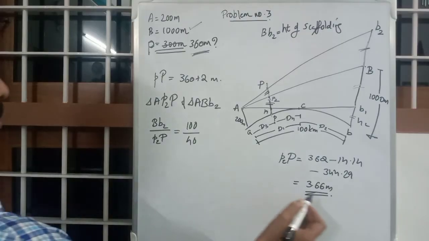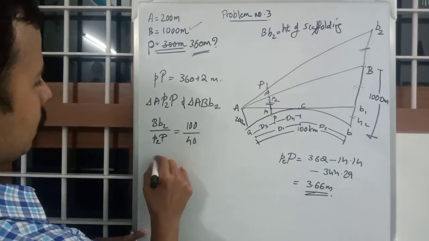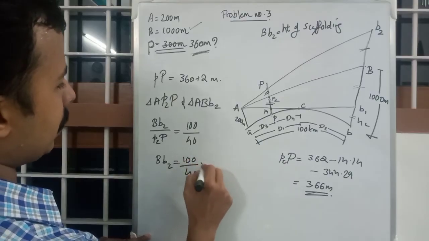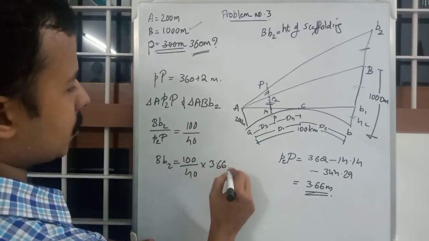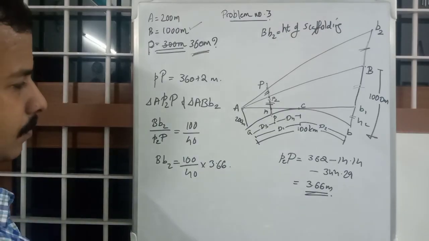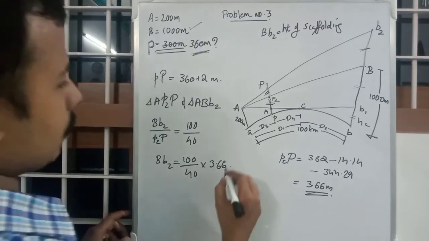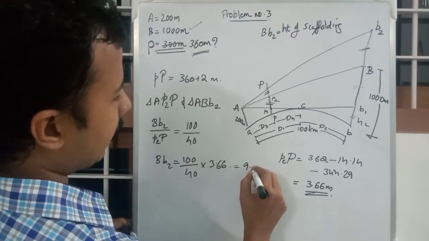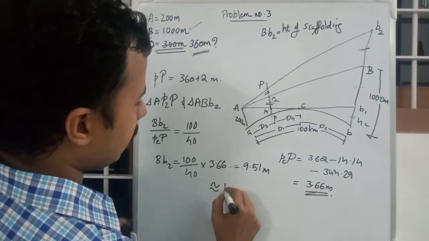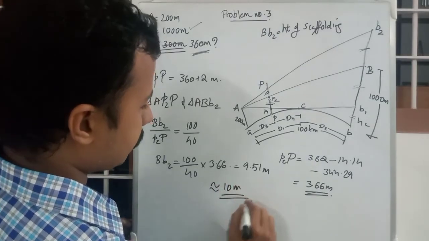Okay, so substitute: BB2 is equal to 100 by 40 into 3.66, that is equal to 9.51 meters, approximately 10 meters.